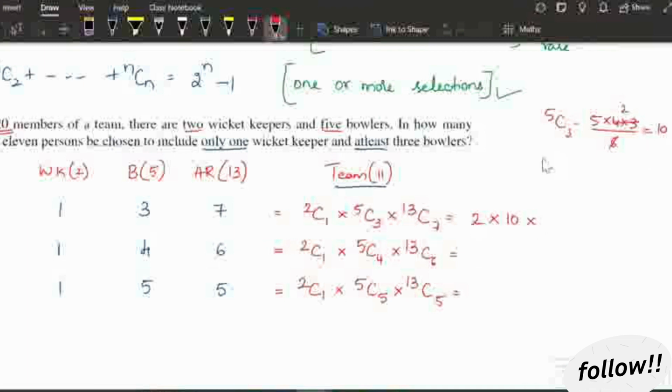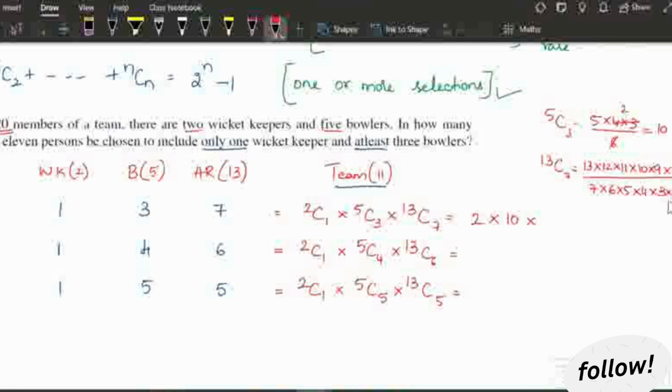Into, next we need to find 13C7. 13C7 is, write down 7 numbers from 13, which is 13 into 12 into 11 into 10 into 9 into 8. 1, 2, 3, 4, 5, 6, and then 7. Okay. And then the denominator, write 7 factorial, which is 7 into 6 into 5 into 4 into 3 into 2 into 1.